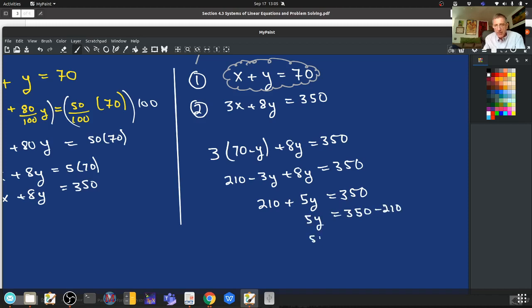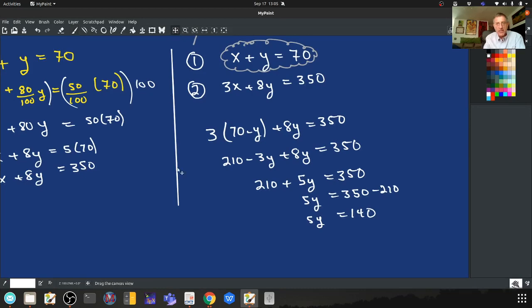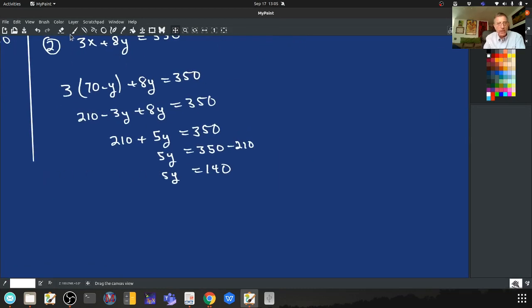So I have 5y is equal to 140. The nice thing about this is I don't need a calculator, because 140 ends in 0, so it's divisible by 5. So 140 divided by 5 is 28. So my y value is 28.